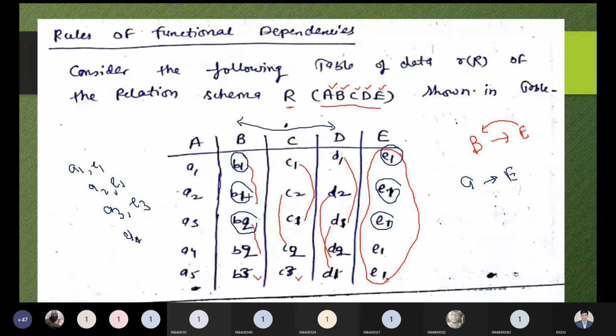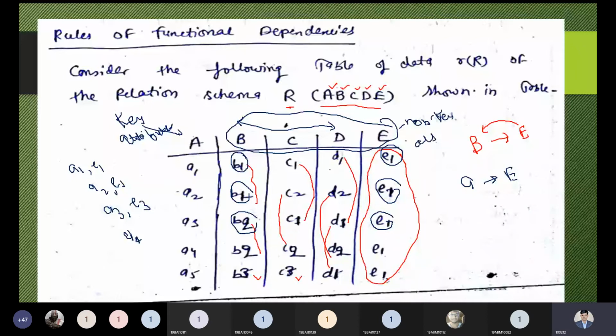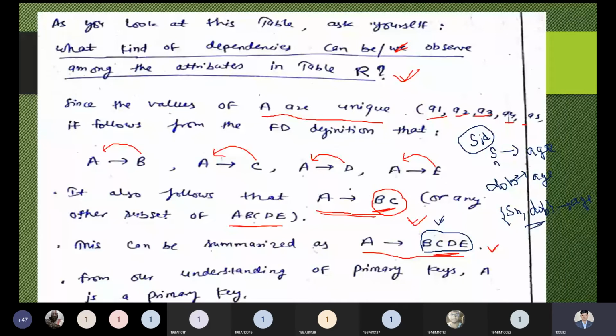And the rest of the attributes, B, C, D, are non-key attributes, because there is no uniqueness in any attribute. At least one value is repeating, either B or B1 or B2 or C1 or C2 or any other. So the combination of all those values, all the sets of values, depend on the A values. So this is the summary part.